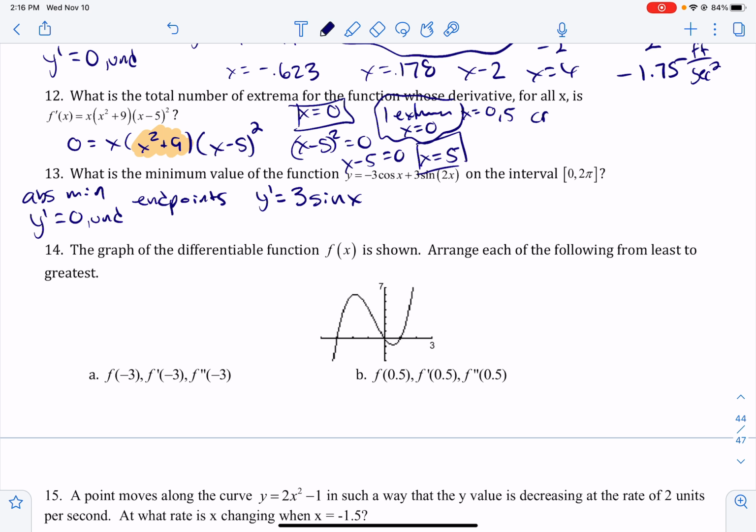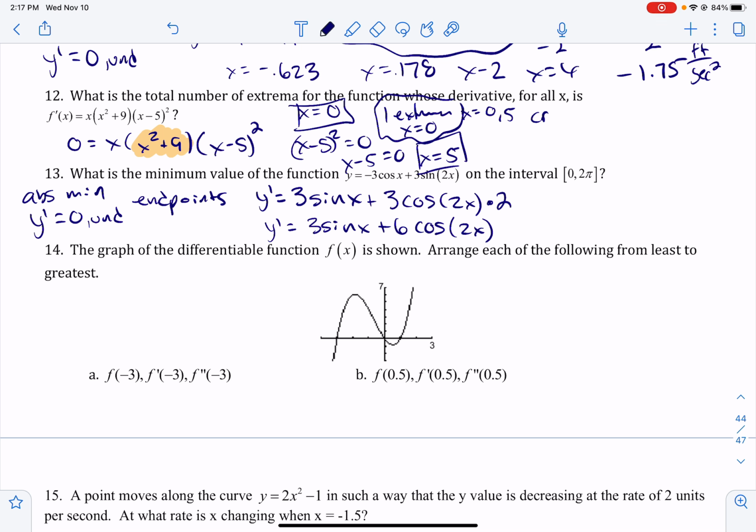Well, the derivative of the outside is going to be 3 cosine 2x. But then I have to multiply by the derivative of the inside, which is 2. And I think that should do it. So if I rewrite this, y prime equals 3 sine of x plus 6 cosine 2x. I just multiplied that 2 to the front.